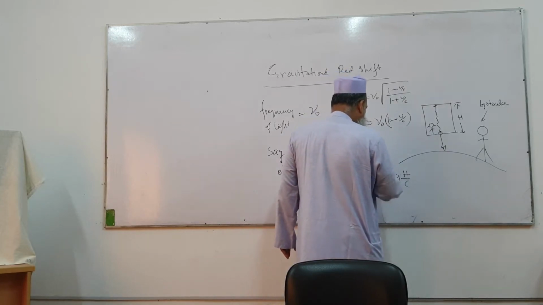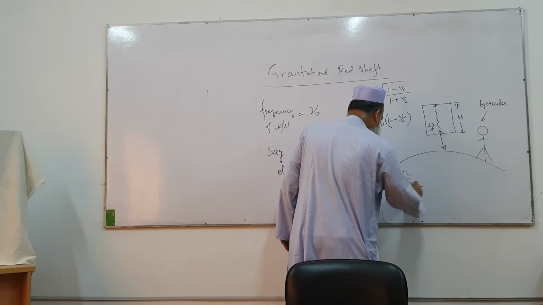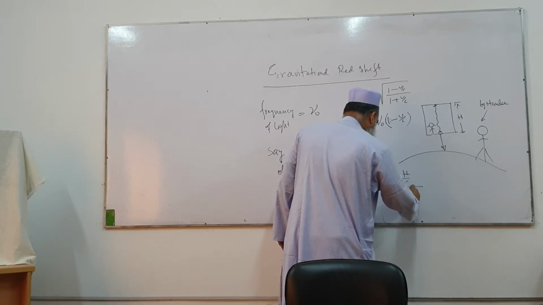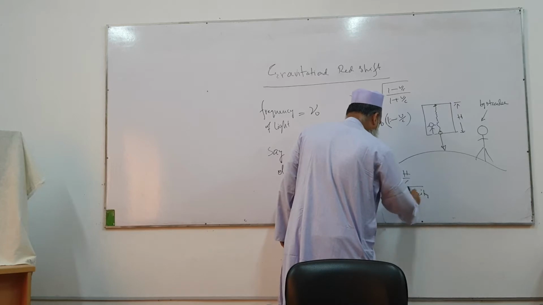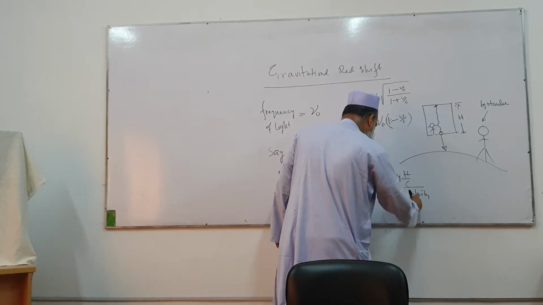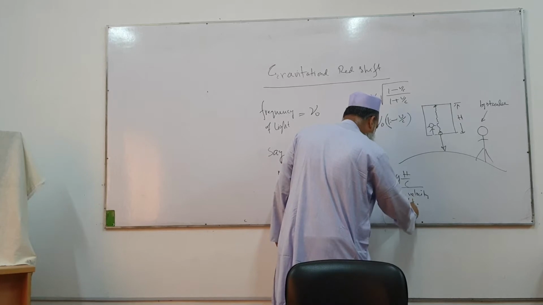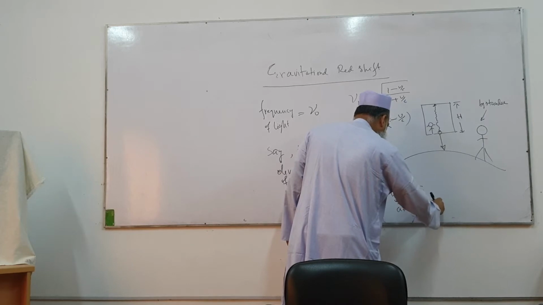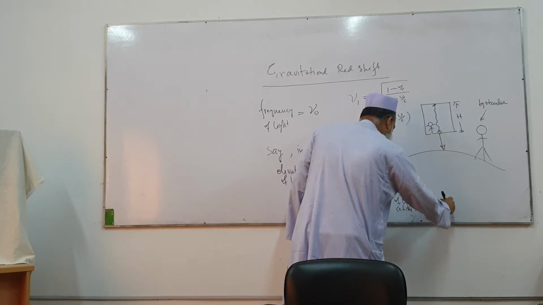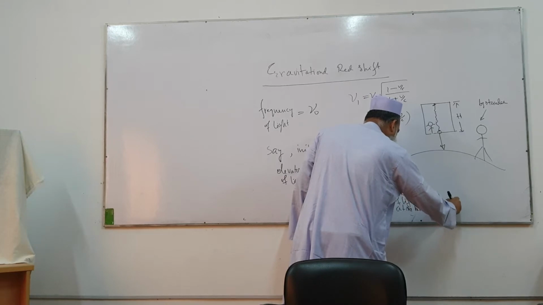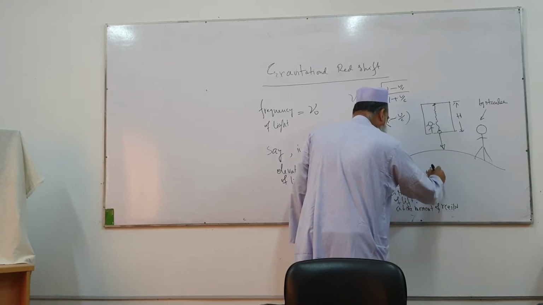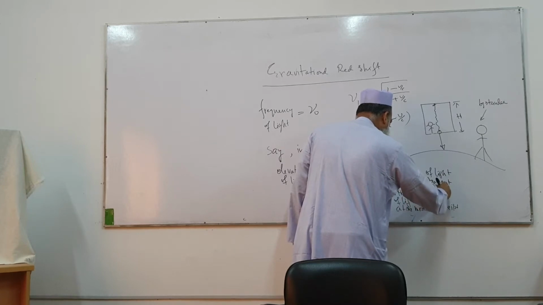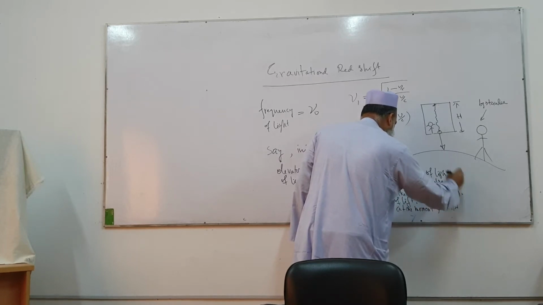V plus g h by c is the velocity of the lift at the moment of receipt of the light pulse at the ceiling.